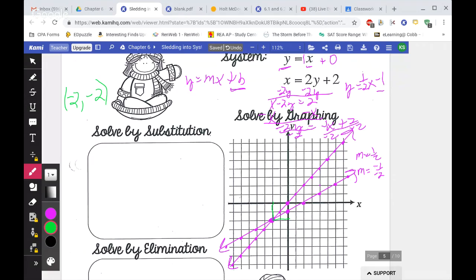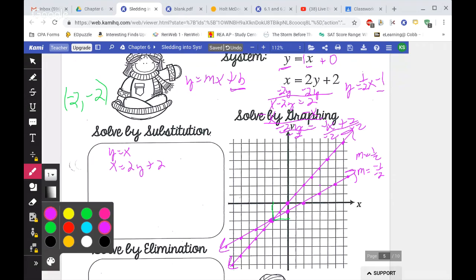Now what we want to do is for substitution, we've got y equals x, and then we've got x equals 2y plus 2. So we really can do almost anything here.